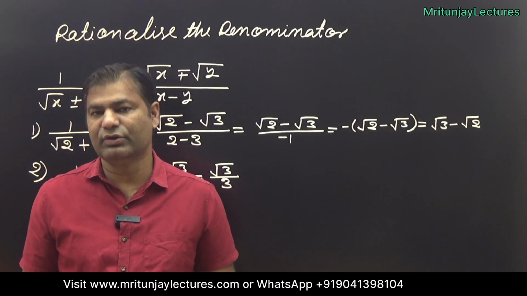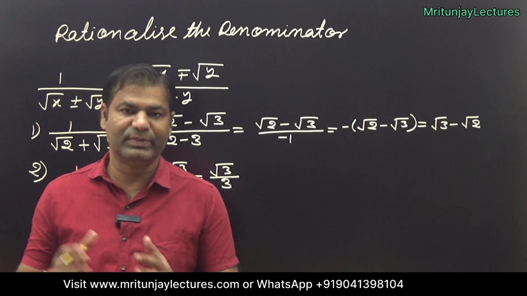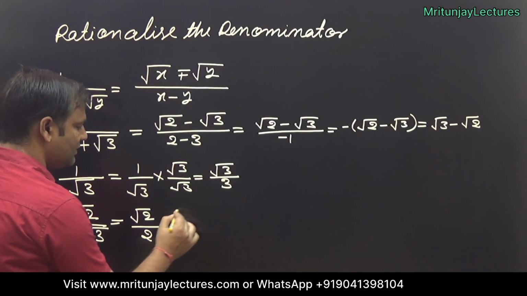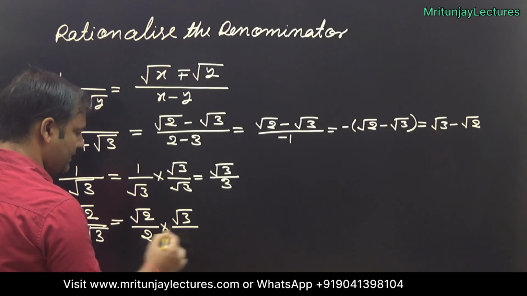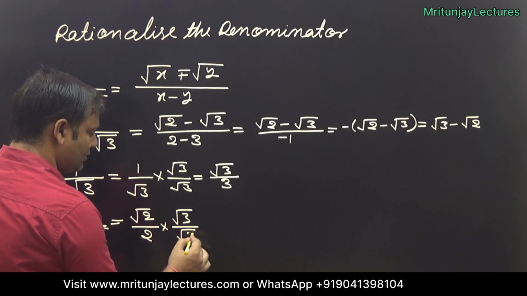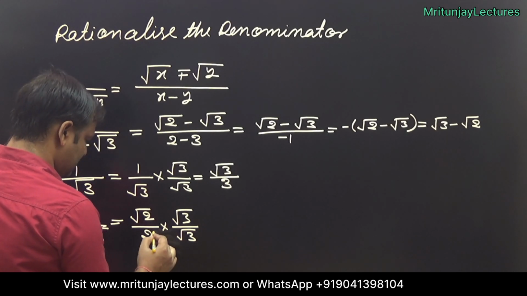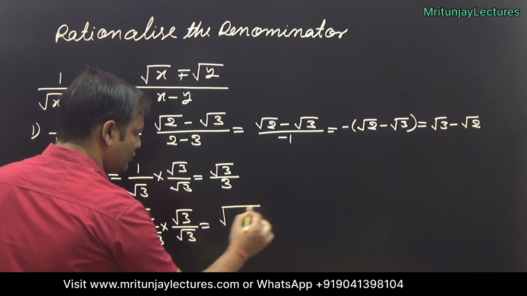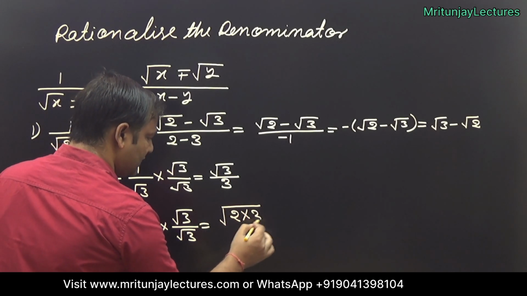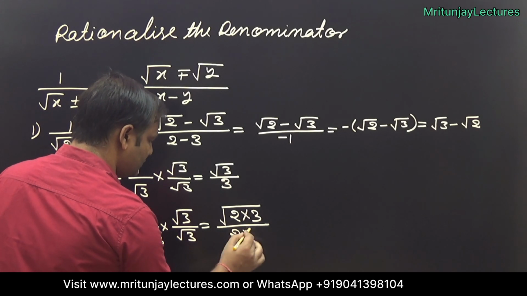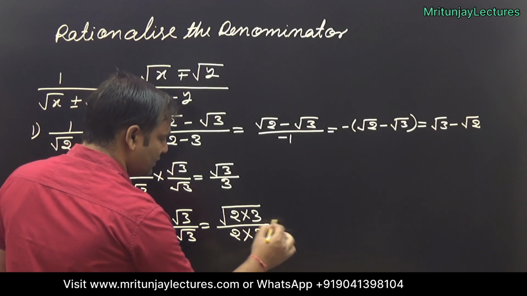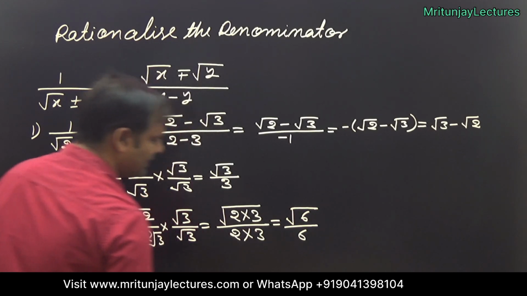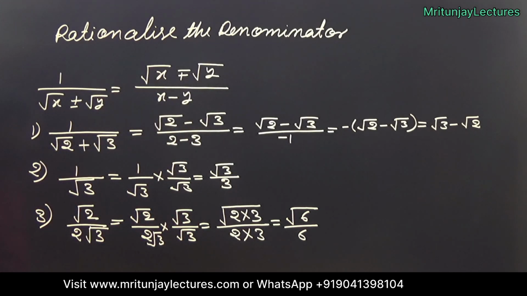So multiply and divide by root 3. Then root 2 into 3 divided by 2 into 3, so root 6 divided by 6 is the final answer. I hope that is clear.